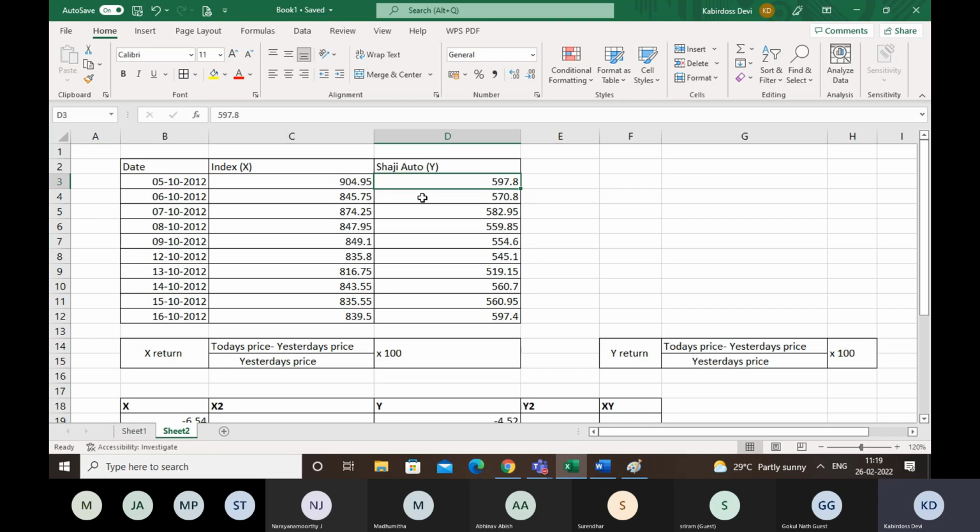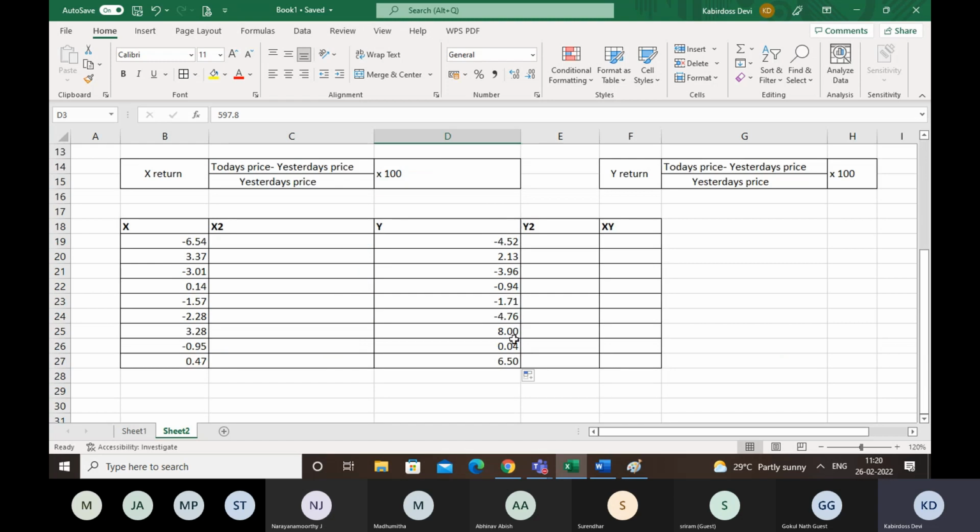We are checking with one particular company, though multiple companies you can also check. So we consider that particular stock and match it with the index return over the period of time.